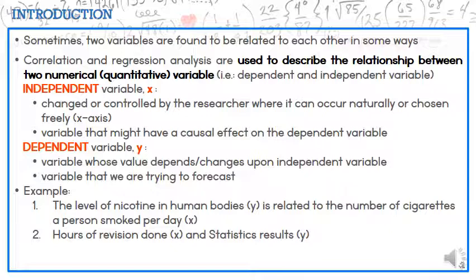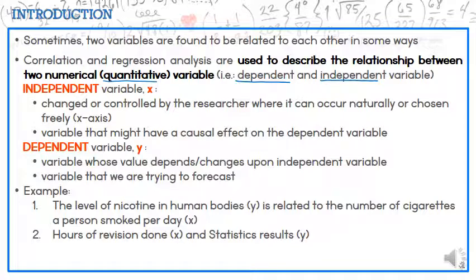So correlation and regression analysis are used to describe the relationship between these two numerical variables. In this video, we are going to discuss correlation and regression analysis for quantitative variables only, where one of them is the dependent variable and the other one is the independent variable.